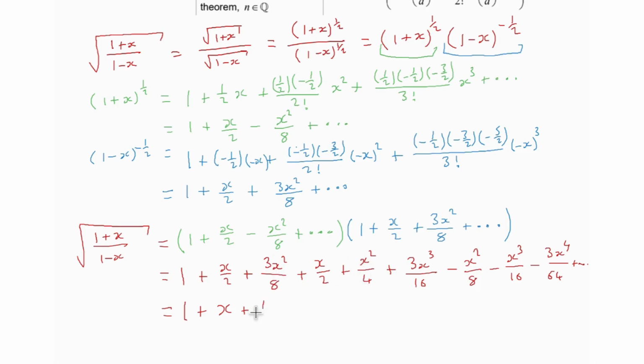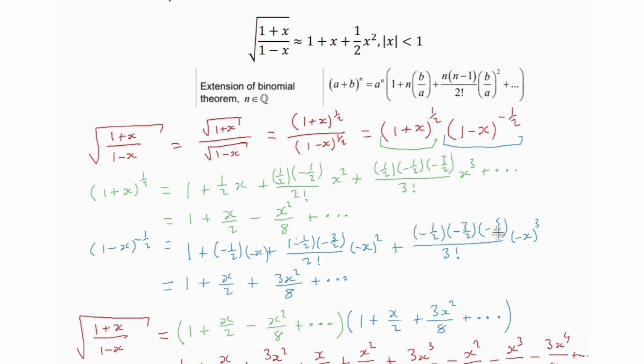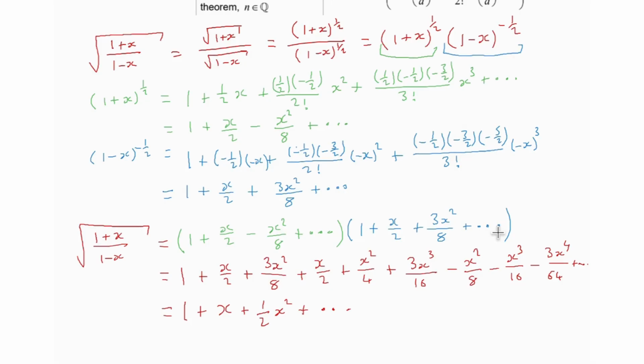So we've got a half x squared. And then some x cubed terms, which I'm not particularly interested in, but 3/16 minus 1/16 is 2/16. We would have ended up with some more when we do the x cubed terms, but that's up to the x squared term. And if we look back at what we were trying to show, that is exactly what we were trying to show. So we have completed that step.